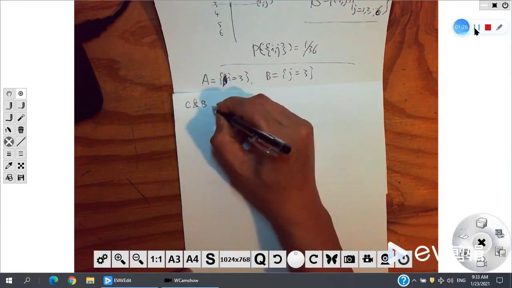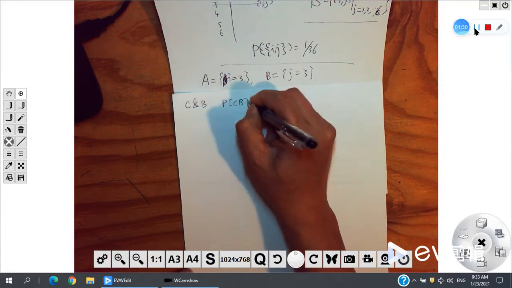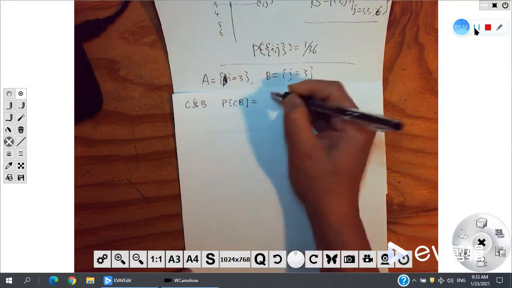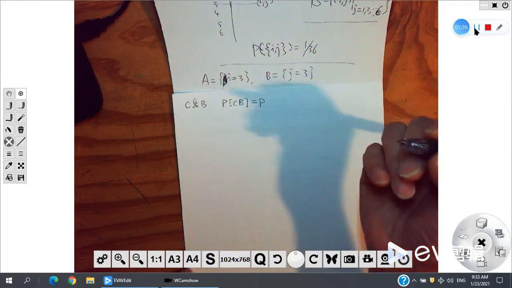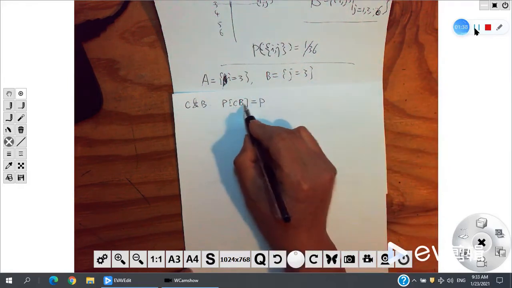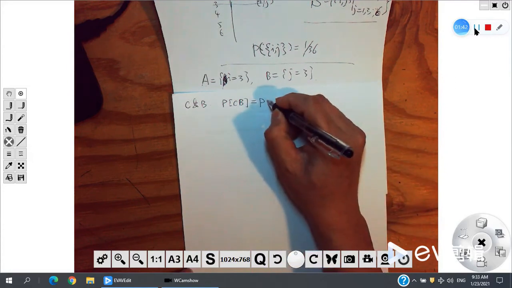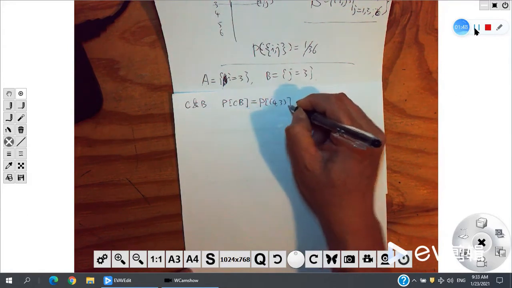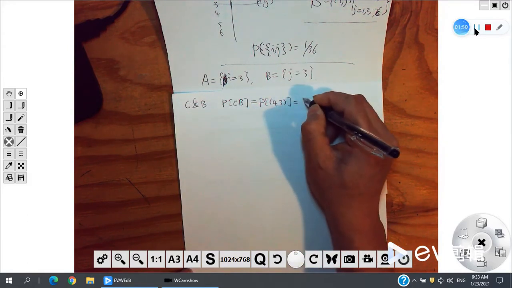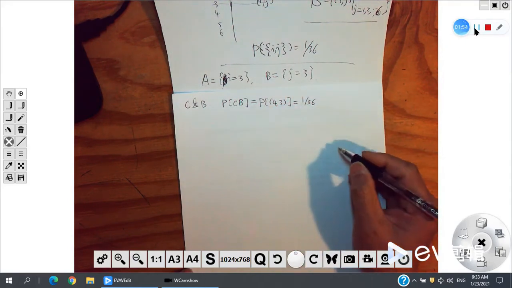So we consider the probability of C and B, the intersection of C and B. Now what is C? C is the summation equal to 7. And B is J equal to 3. So this should be I and J being 4 and 3, right? So the probability is 1 over 36, just one sample in the whole sample space.